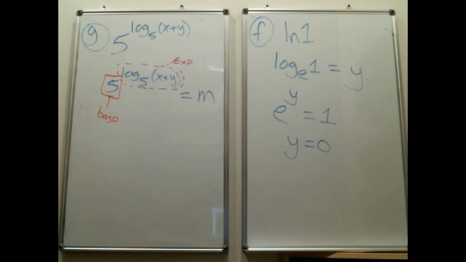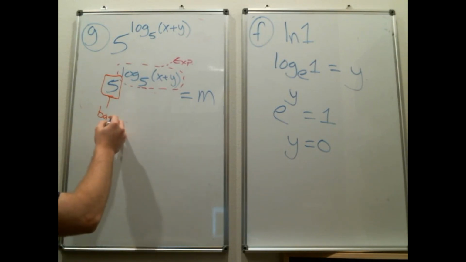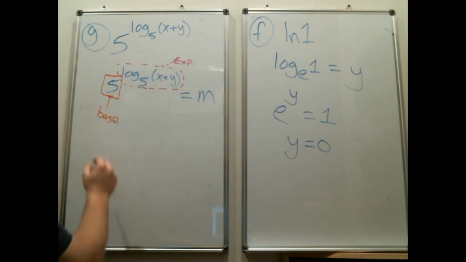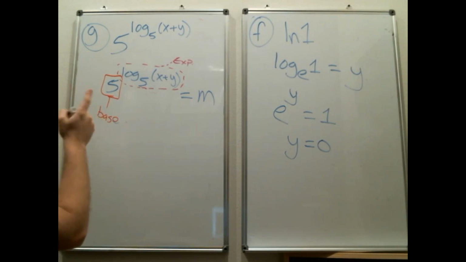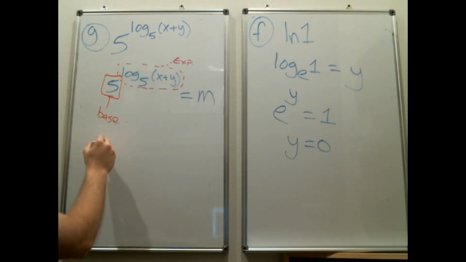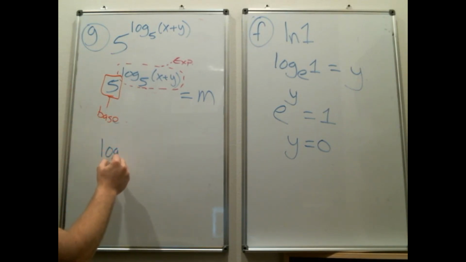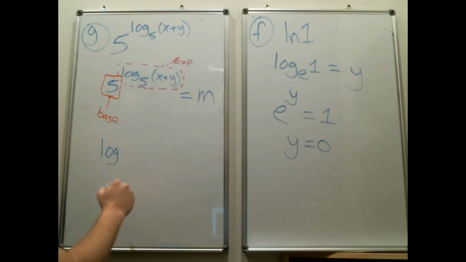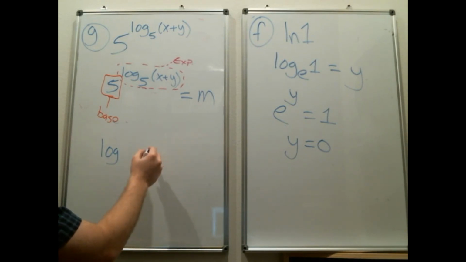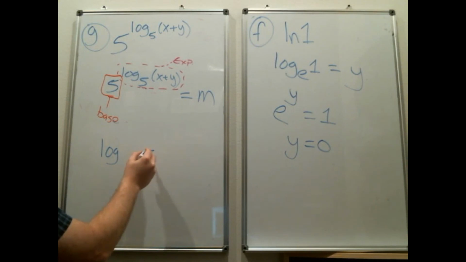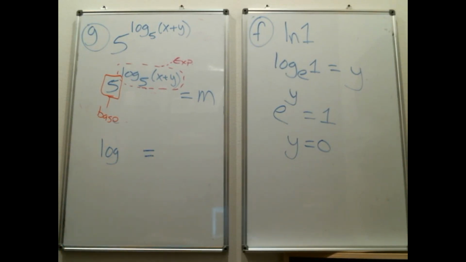So we need to convert this thing to logarithmic form. Alright, so when we're converting to logarithmic form, I know that there's a log in here, and I know that there is an equal sign. So that's a good start at least.